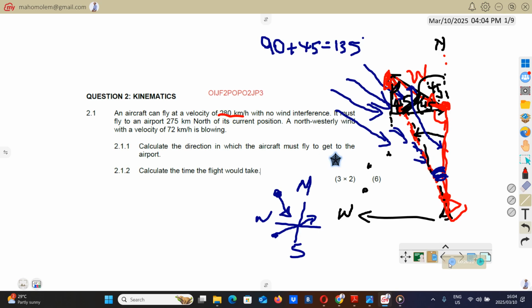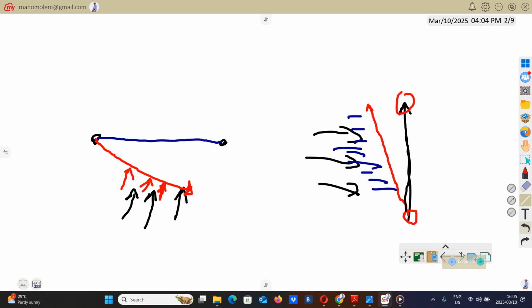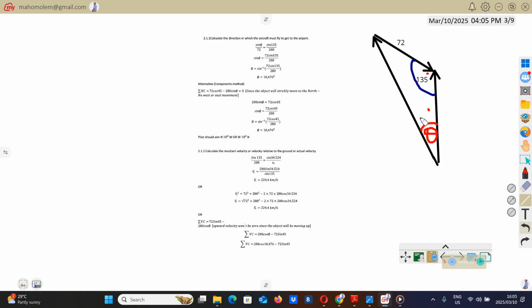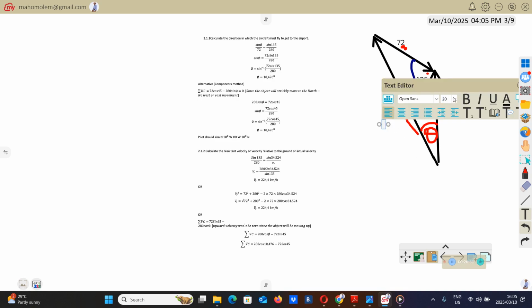So if this wind wasn't there, it was going to take this direction peacefully, without disturbance, with the speed of 280.